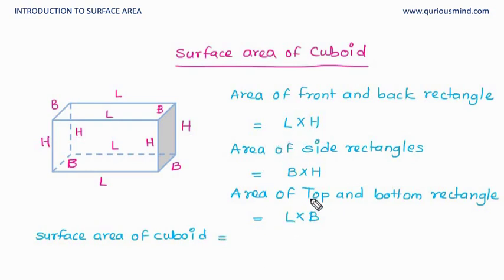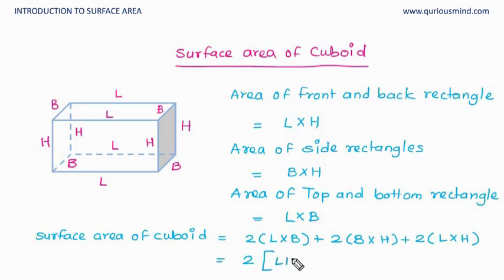Because it is front and back, top, bottom, two sides, left, right, so 2 times L into B plus 2 times B into H plus 2 times L into H. If we take 2 common, then in bracket it would be 2 times LB plus BH plus LH. That is the surface area of cuboid.